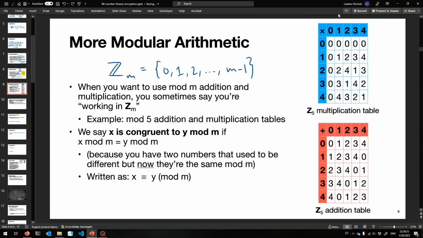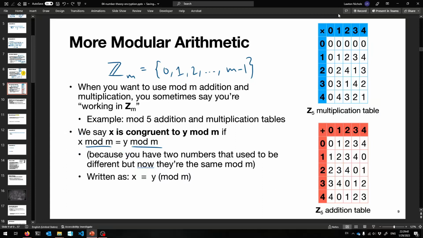And so we have a bunch of numbers that are equivalent to each other. We say that 2 numbers are equivalent after we take a mod by saying that they are congruent. That's the fancy term. X is congruent to Y in mod m land if you start with X and Y and take mod m, you end up with the same result, even if X and Y weren't originally the same number.